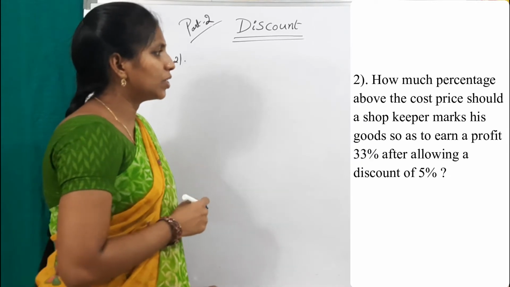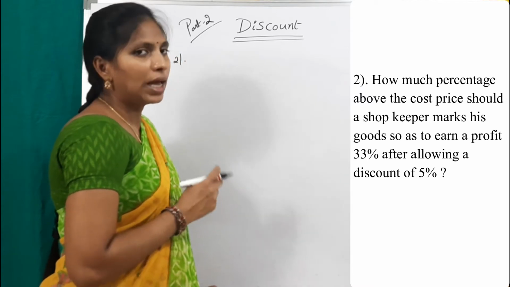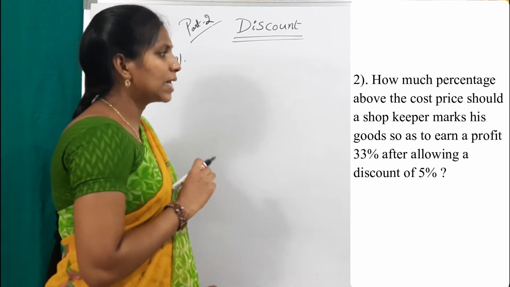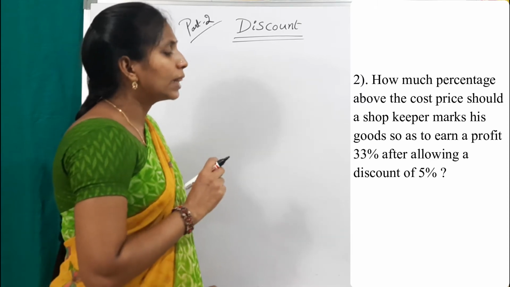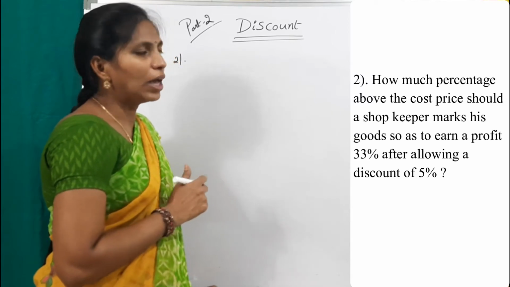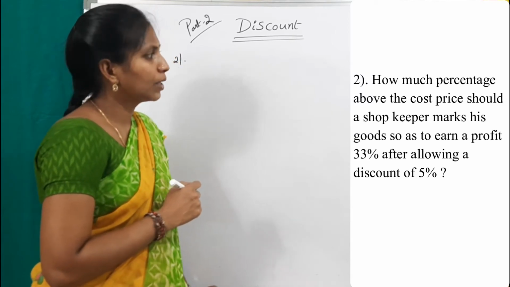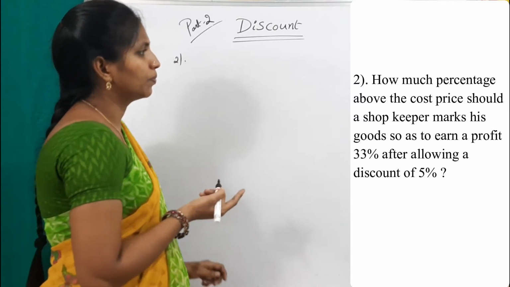Now see the second question. How much percentage above the cost price should a shopkeeper mark his goods so as to earn a profit of 33% after allowing a discount of 5%? How much percentage above the cost price?